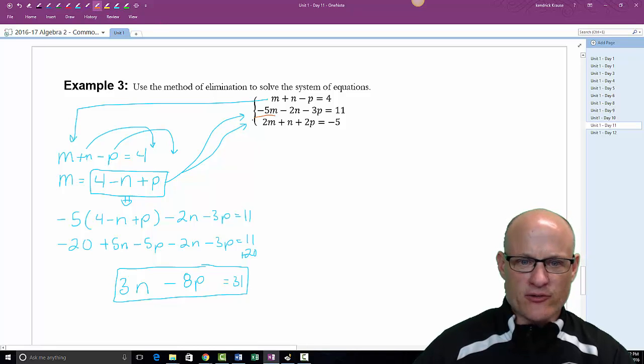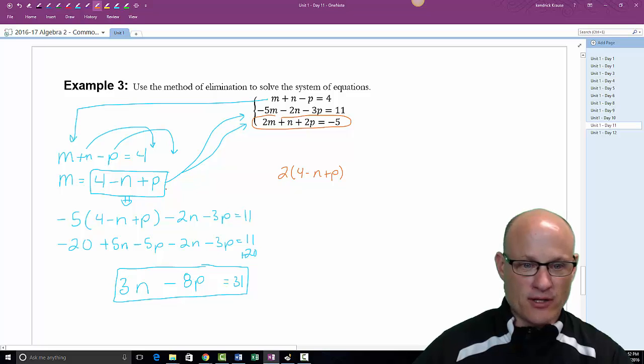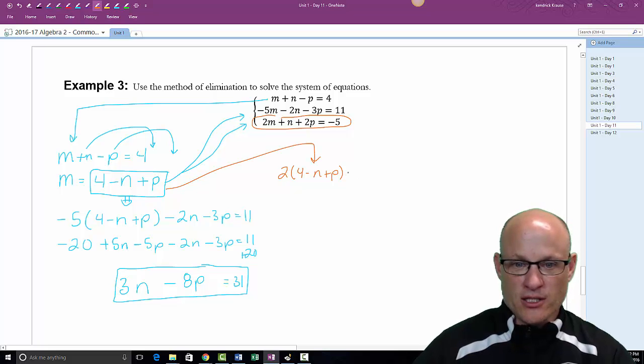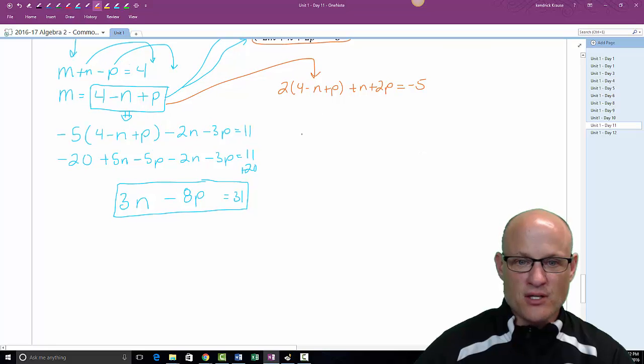Now I'm going to plug it into this equation. So 2m, so 2 times 4 minus n plus p, because that's m, right? Right in there. Plus n plus 2p equals negative 5. So 8.